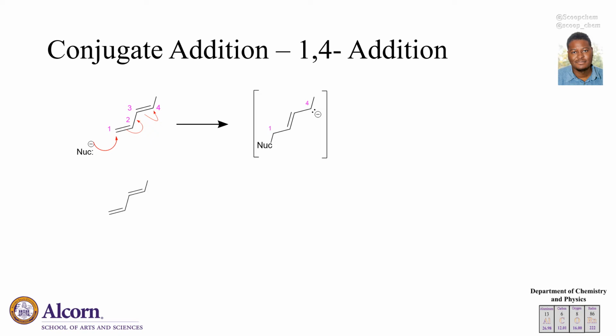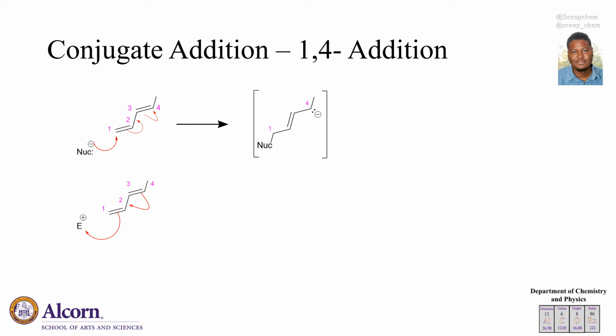I can take this same diene system, with carbons 1 through 4 conjugated, and this time react it with an electrophile. The reaction arrows are moving in the opposite direction now because the pi electrons in the diene are the nucleophile and the electrophile is seeking electrons.